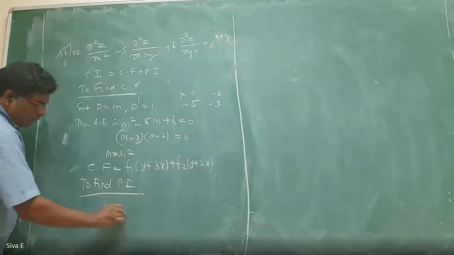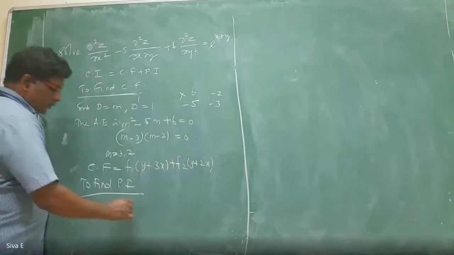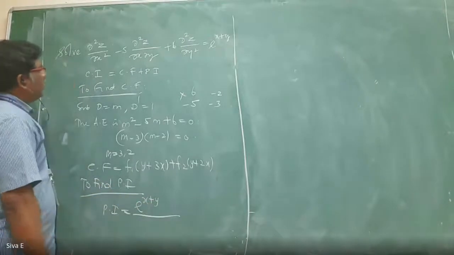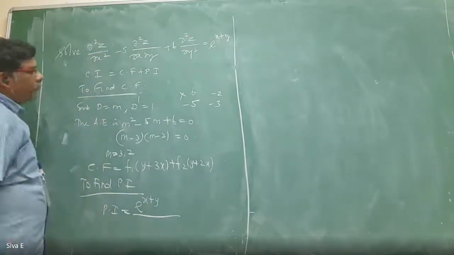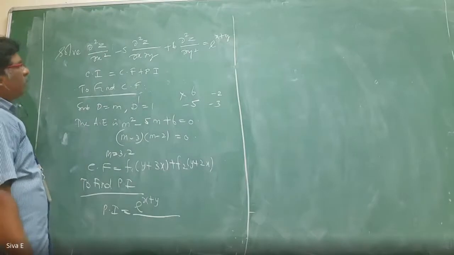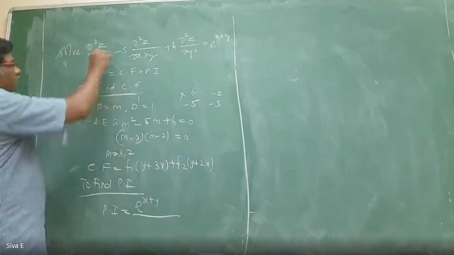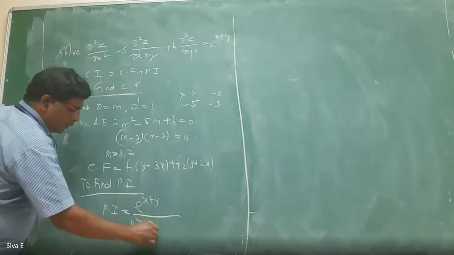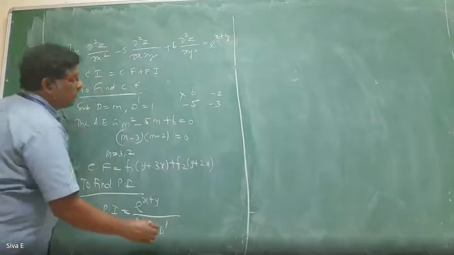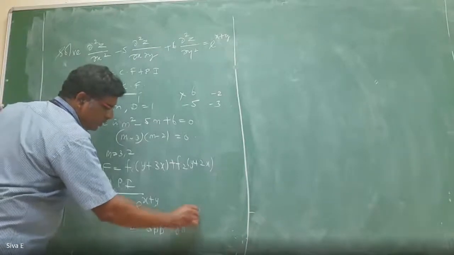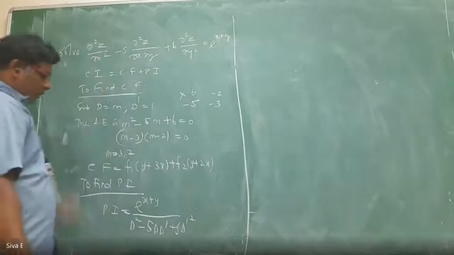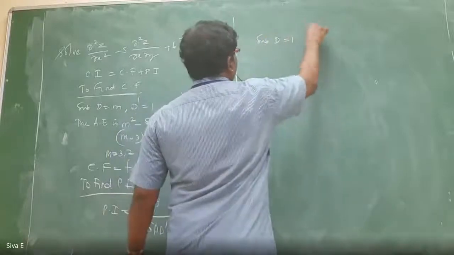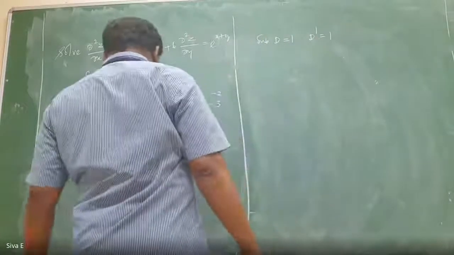Particular integral equals e power x plus y divided by D square minus 5 D D dash plus 6 D dash square. Now you substitute D equal to 1, D dash equal to 1.